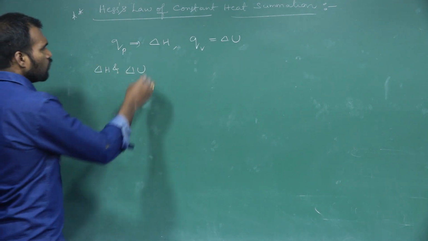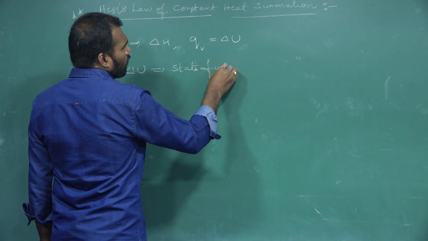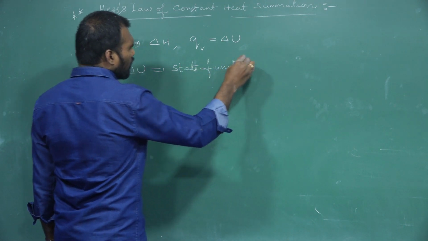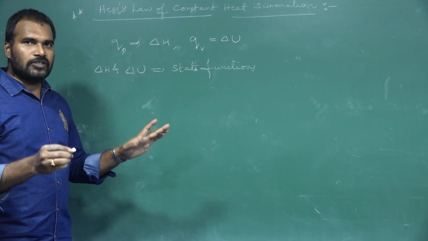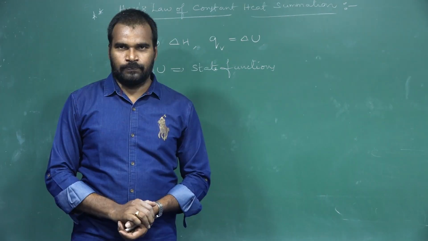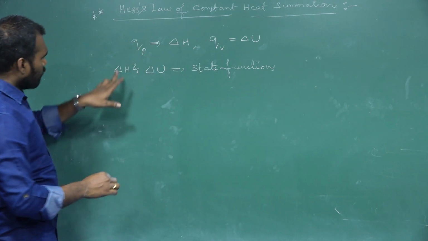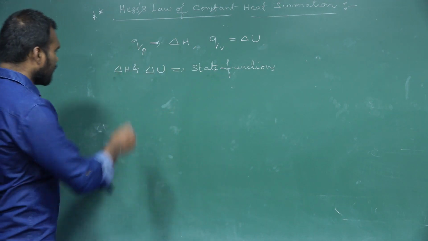Both del H and del U are heat contents only. Both are state functions, not path functions. What do you mean by state functions? These values depend only on the initial and final states, not on the path. Here both del H and del U are state functions. How do you calculate them?